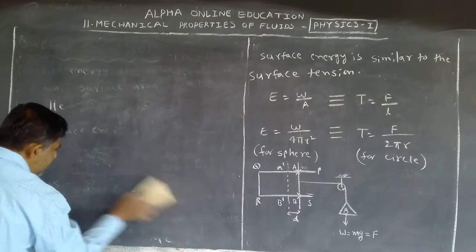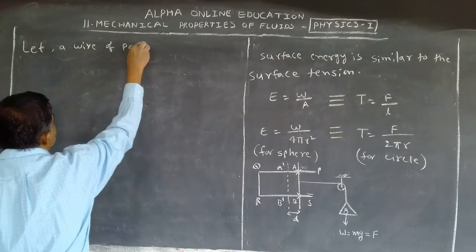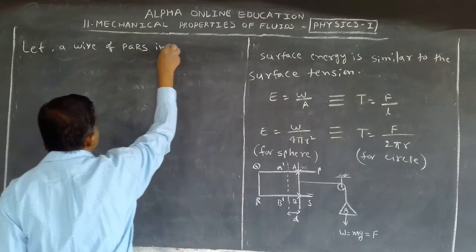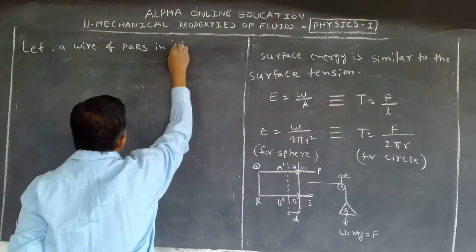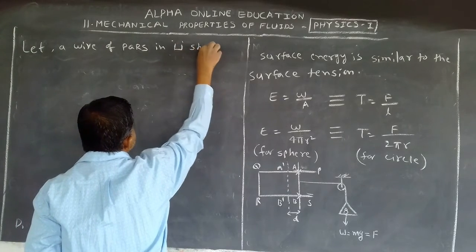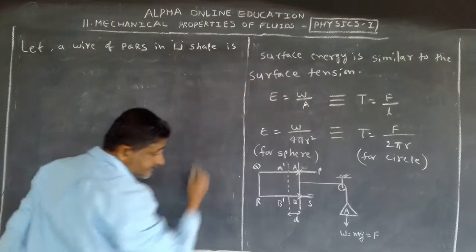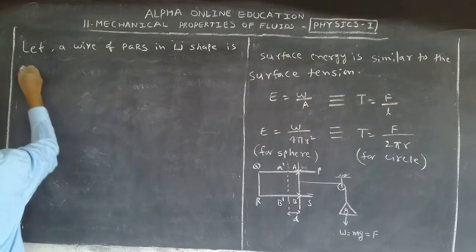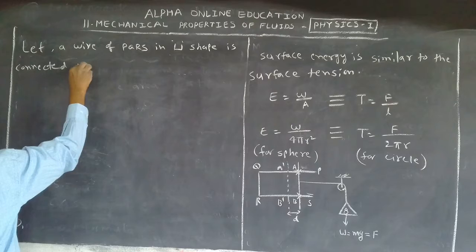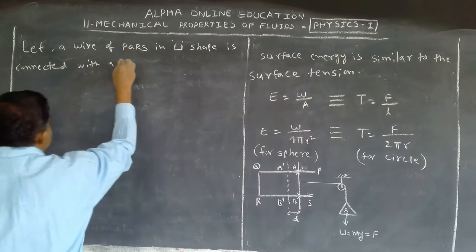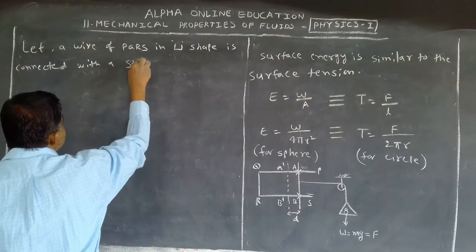Now I am writing here: PQRS in U shape is connected with a string.